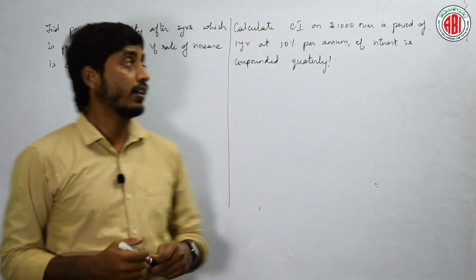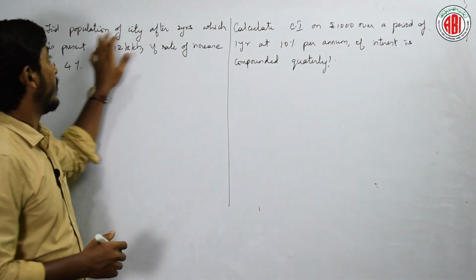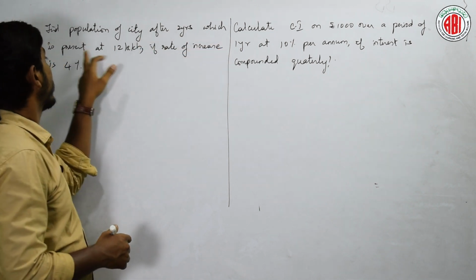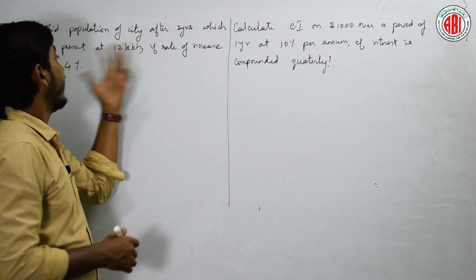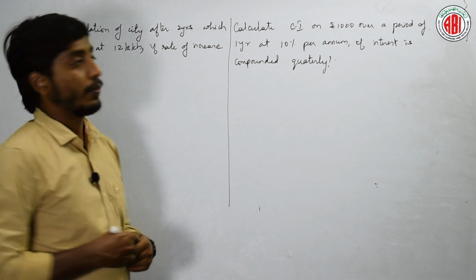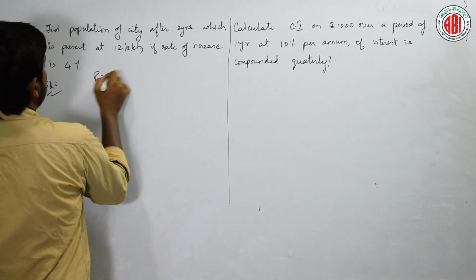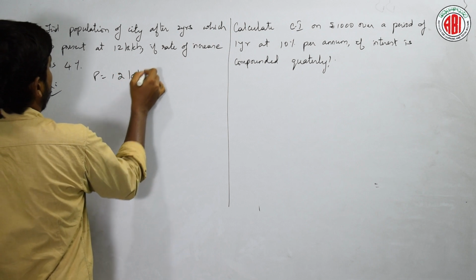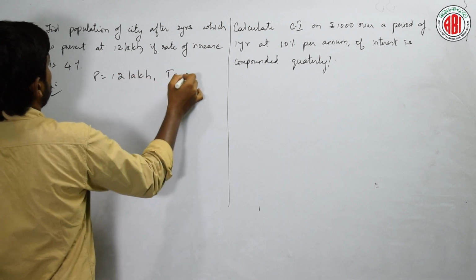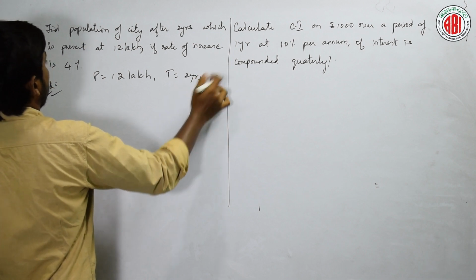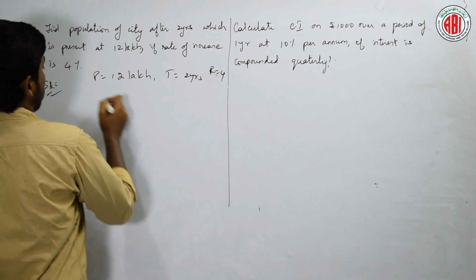Look at this question here. Find the population of a city after 2 years, which is presently 12 lakh, if its rate increased at 4%. The same thing, that is principal is 12 lakh, time is 2 years, and rate is 4%.